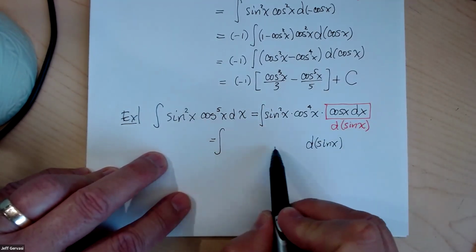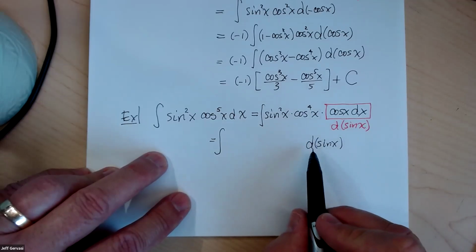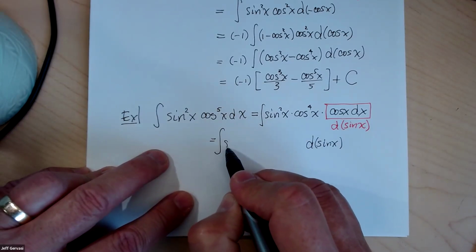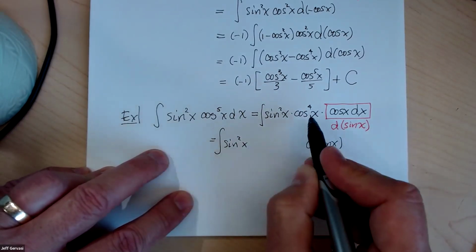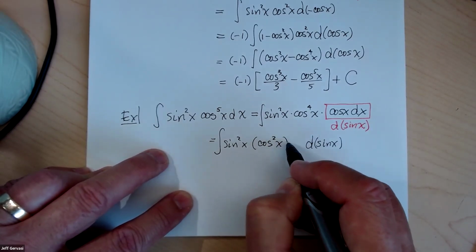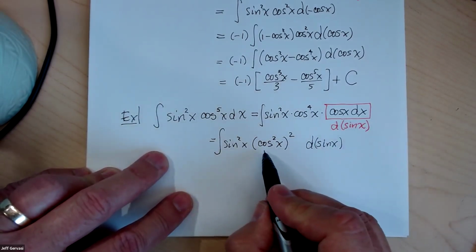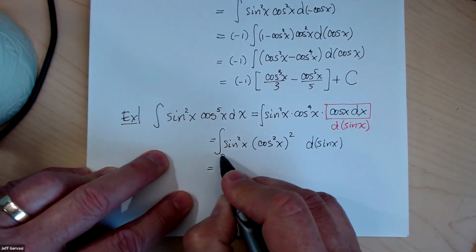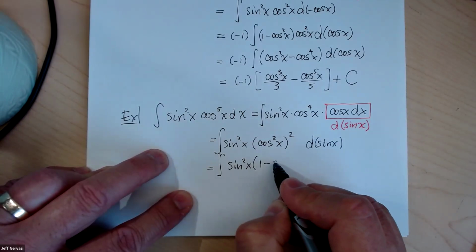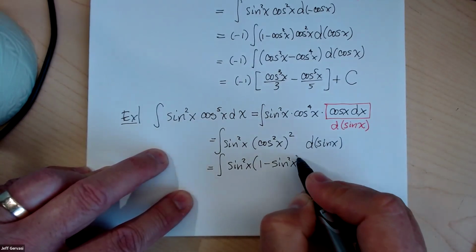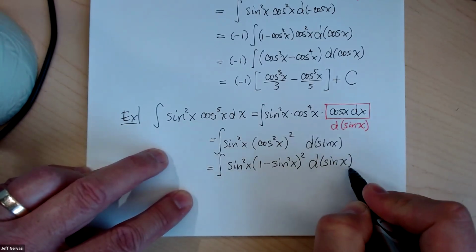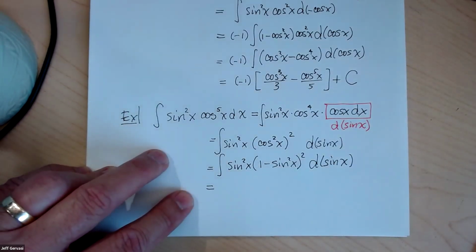I can only have sines under the integral symbol if I'm going to integrate with respect to the sine function. So I'm going to write cosine to the fourth as the cosine squared of x, squared. And then I'm going to use the fundamental identity. Cosine squared is 1 minus the sine squared. Okay.